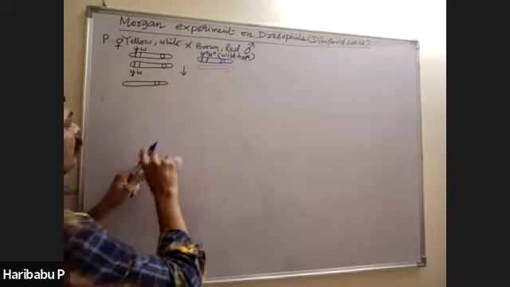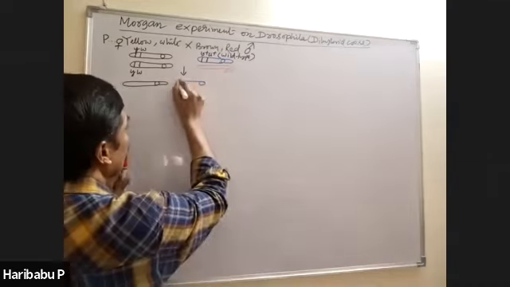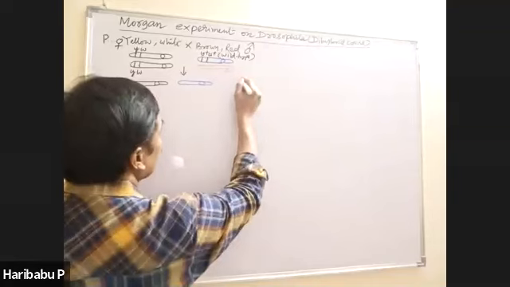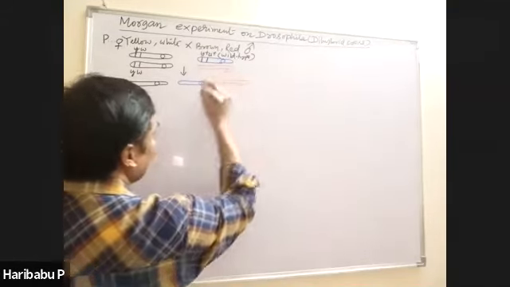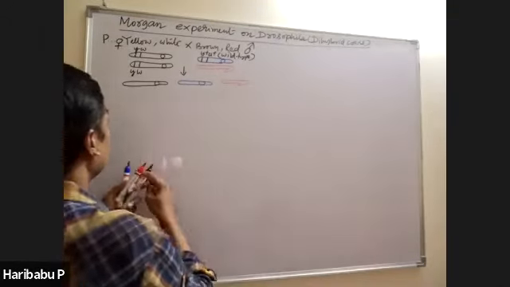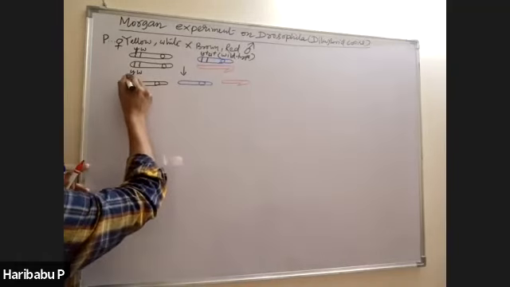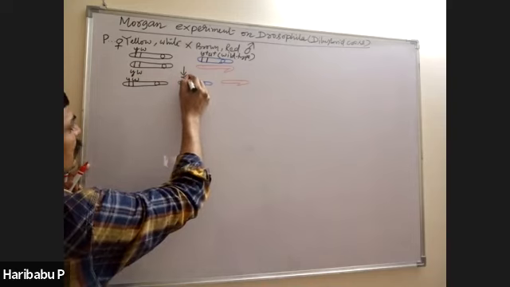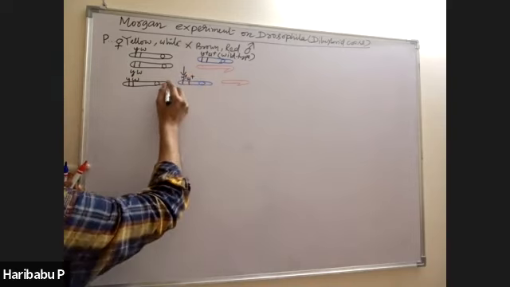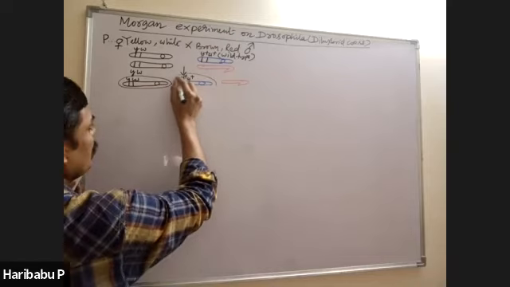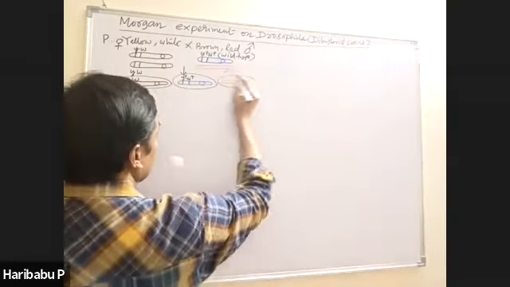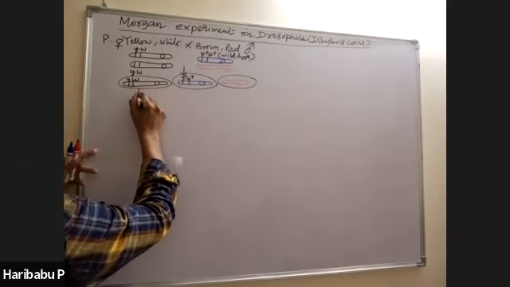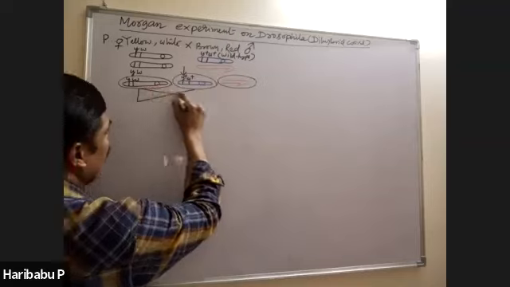But this can form two types of gametes, like this. Now the genes present on this one are y, w, here y plus, w plus. Now this one is one gamete, this one is another gamete, this one is another one. And now when you cross this one, you will get like this.